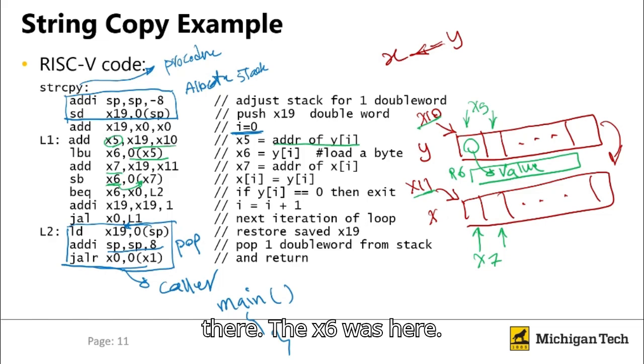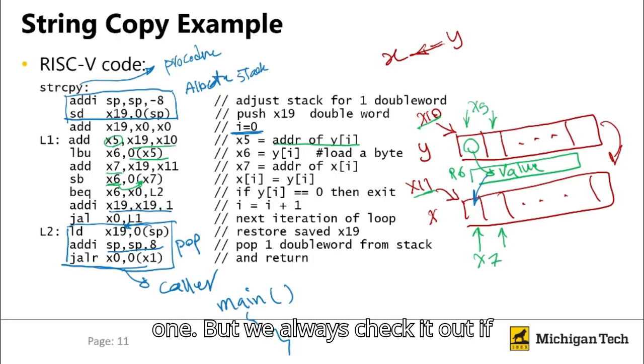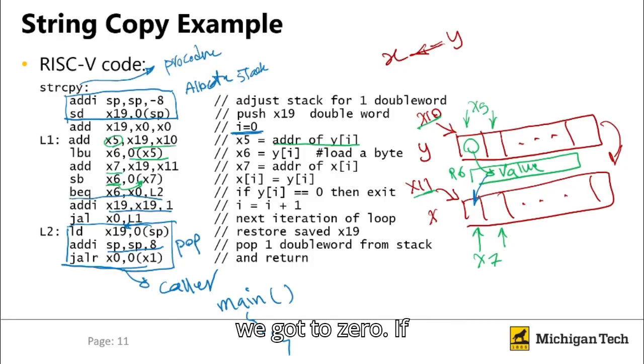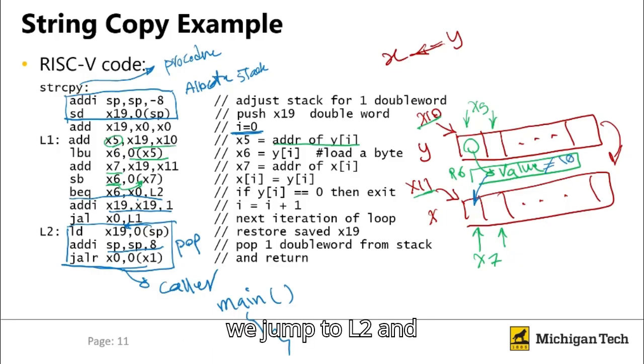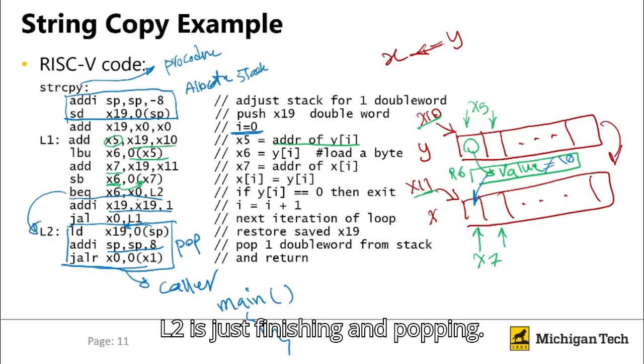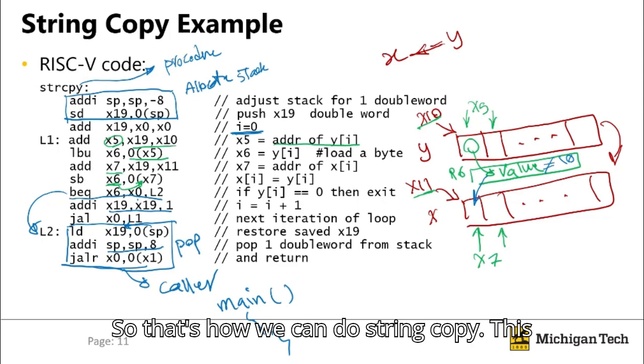The x6 was here, we save that in this, and do it one by one and add 1 to x19, but we always check if we got to 0. If x6 becomes 0, if it's not 0, we keep going. If it's 0, we jump to L2, and L2 is just finishing and popping. So that's how we can do string copy.